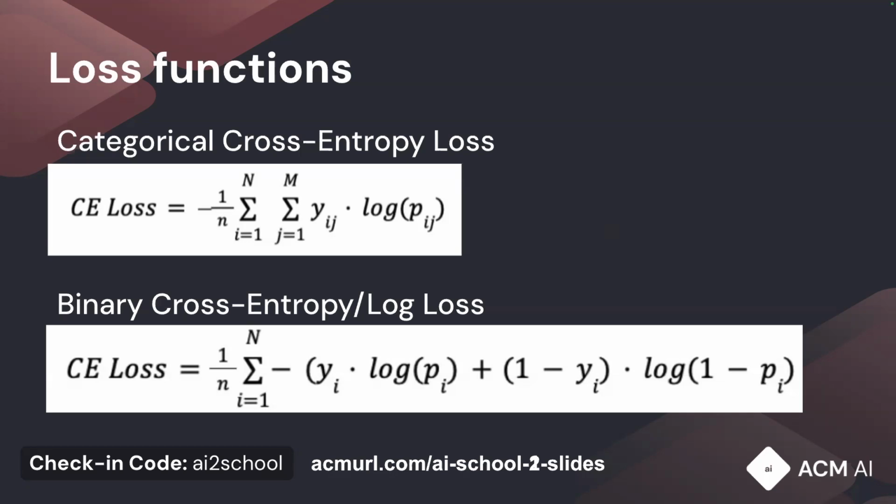Y is its true label. P is the prediction that your model gave you for that label. The sum is there because we want to calculate that expression for the whole set of x's, not just one. Then we divide by n because we want an average over all x's. Does that make sense?